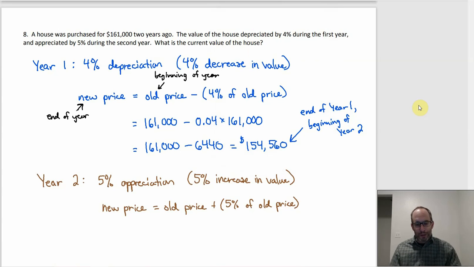I didn't write it that way because if I wrote end of year and beginning of year a lot, it made the line where I'm pointing at it with arrows extremely wide, and I didn't know if I could write all this on one page. But that's what they are, right? So if you think of old as beginning of year and new as end of year, that's what's going on. All right, so we go back to brown.